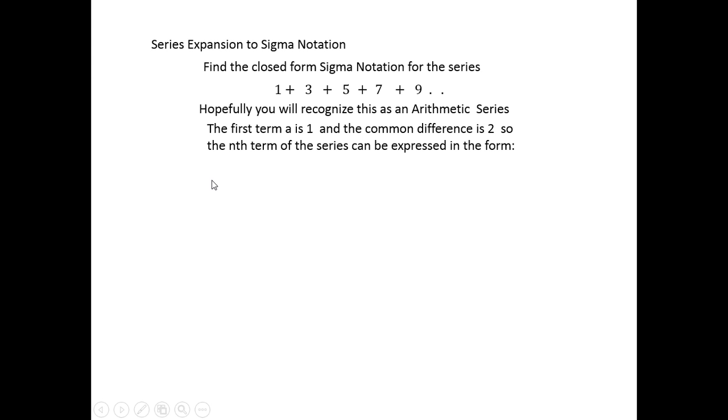Identifying that the particular ingredients for the arithmetic series are the first term a and the common difference, which is 2. Recognizing how we find the nth term for our series is going to prove pivotal for writing the sigma notation.